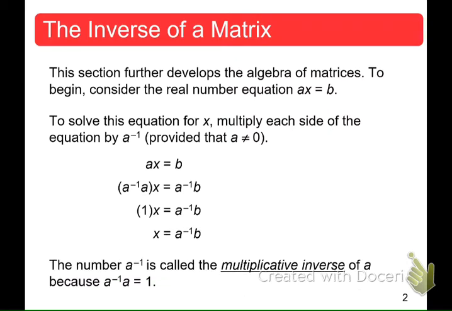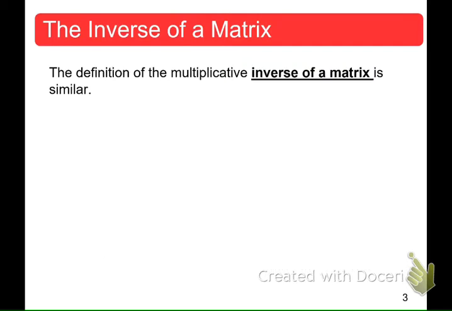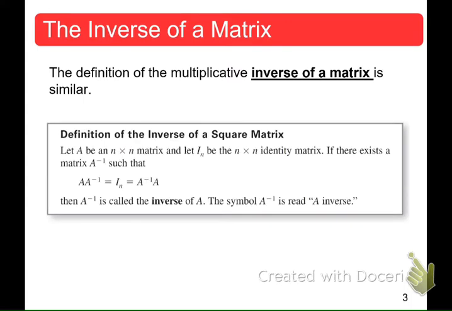This A inverse I mentioned is called the multiplicative inverse, and anytime I multiply A inverse times A, I should get 1. Now we want to think about this definition in terms of a matrix. In terms of a matrix, I sub n is our identity matrix. Remember, the identity matrix is a square n by n matrix that is written in reduced row echelon form.